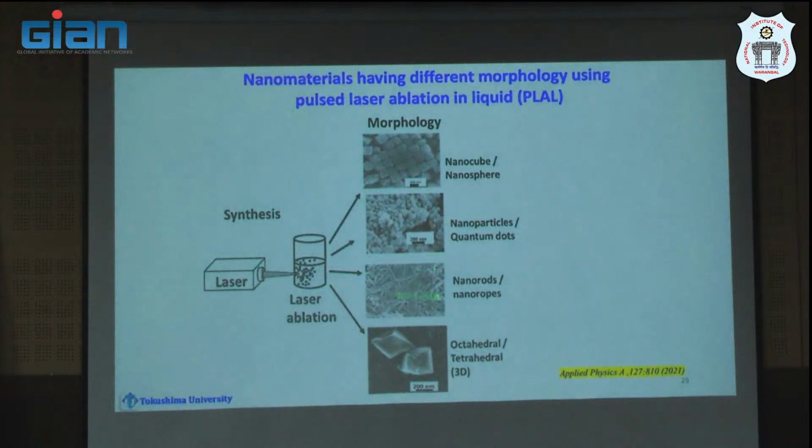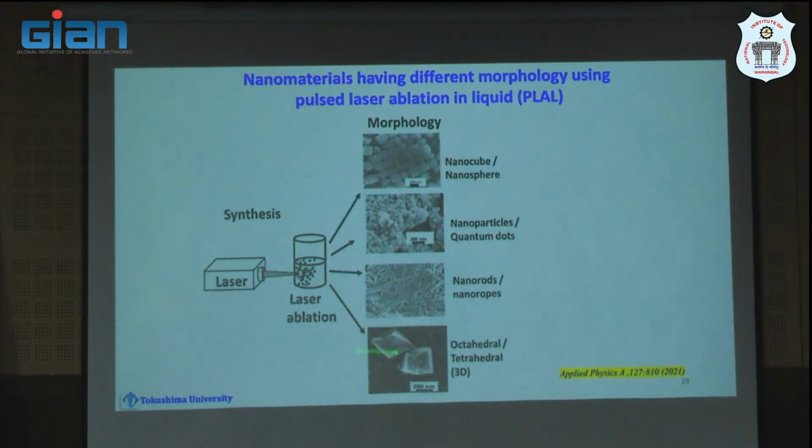Those are structures, like this is tin oxide structure. These are like bismuth sulfide. These are indium selenide two-dimensional materials. And we have also created Ag nanocube, similar to indium selenide. So various surface morphologies can be created by using laser ablation.